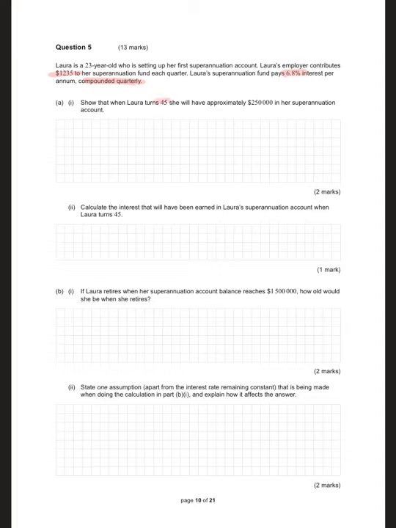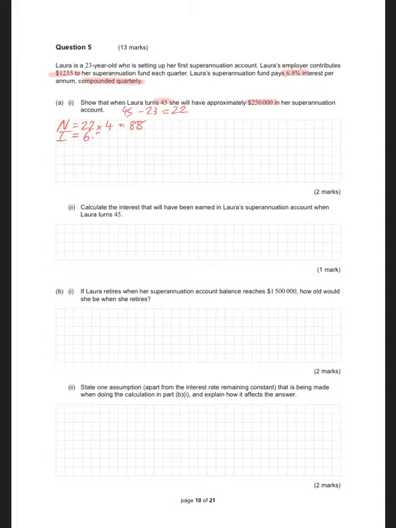Turns 45, have approximately 250 grand. So 45 minus 23. We need to work out how long this account is going for. 22 years. So n is going to be 22 times 4 for quarterly, which is 88.